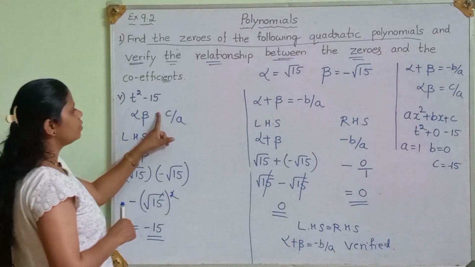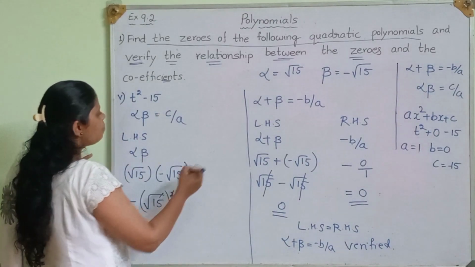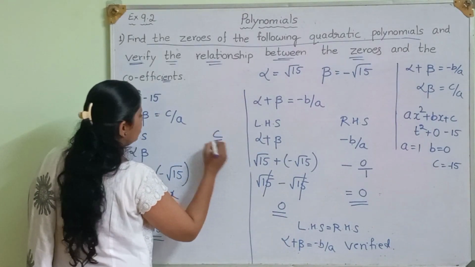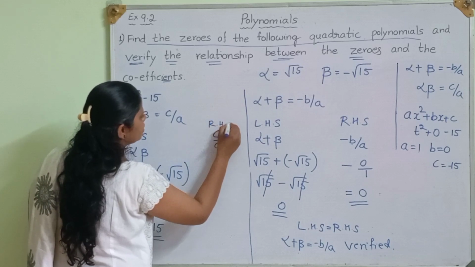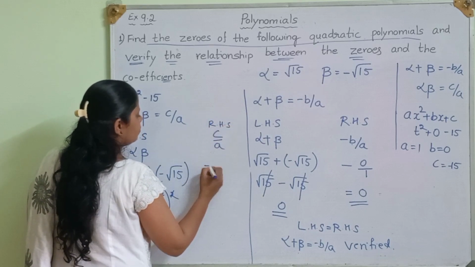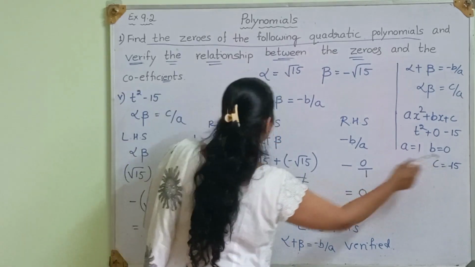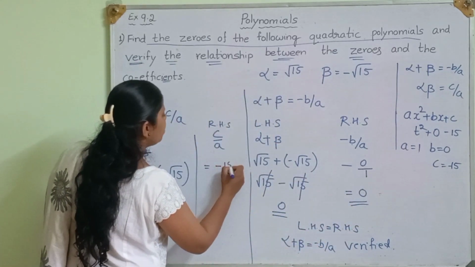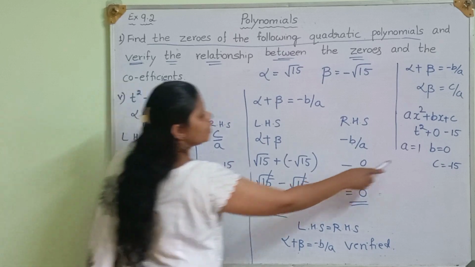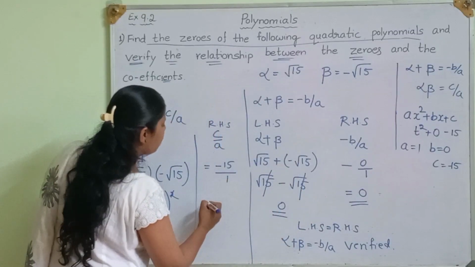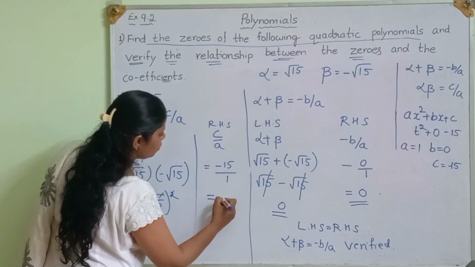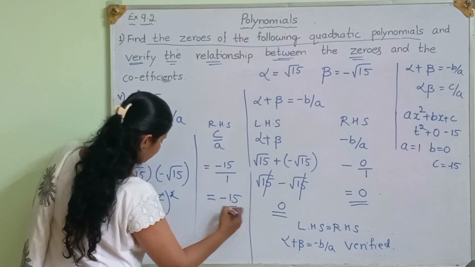Then c by a. This is our RHS. The value of c is minus 15. The value of a is 1. Minus 15 by 1 is minus 15.